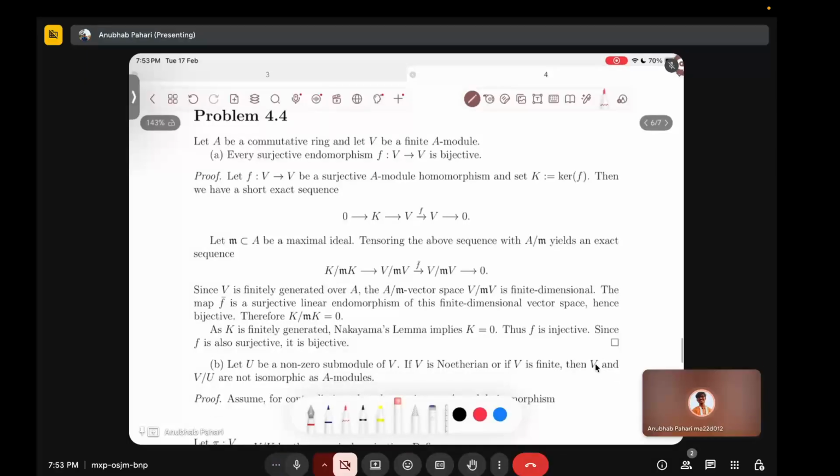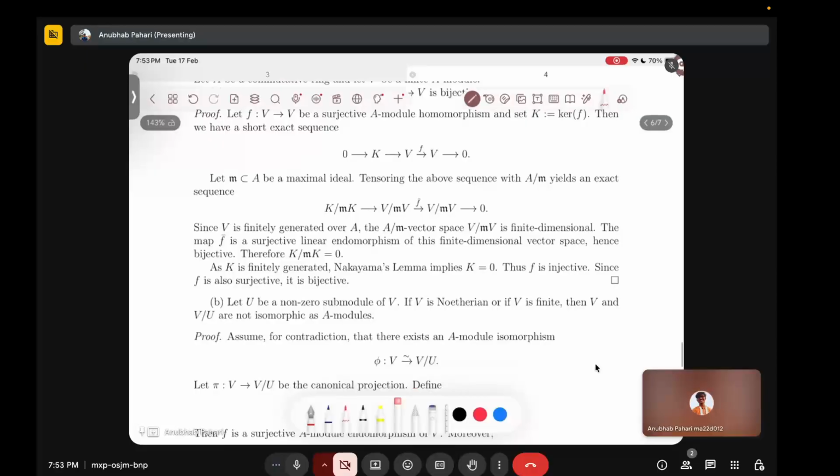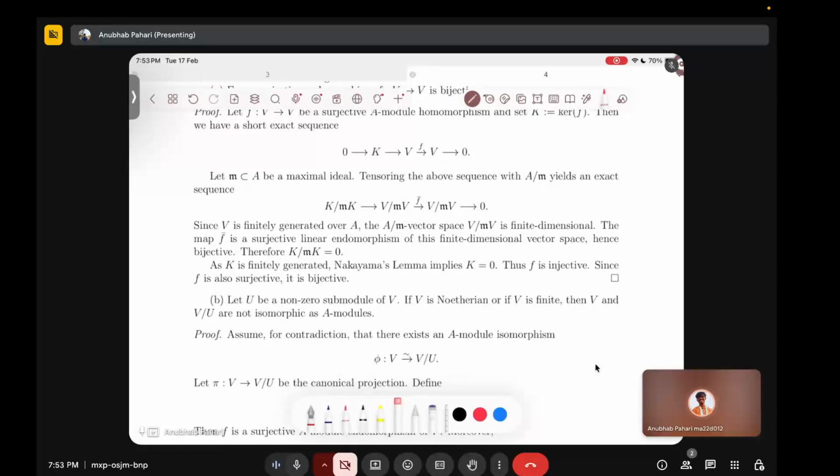Tensoring the above sequence with A mod M yields an exact sequence K mod MK to V mod MV to V mod MV, which is induced from f. And since V is finitely generated over A, the A mod M vector space V mod MV is finite dimensional, and the map f bar is a surjective linear endomorphism of this finite dimensional vector space.